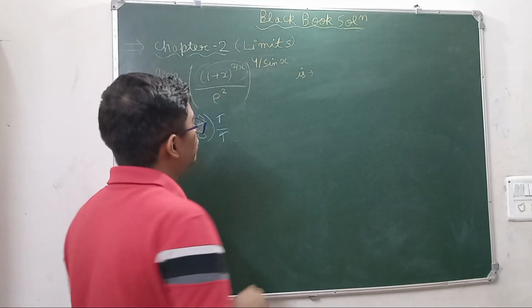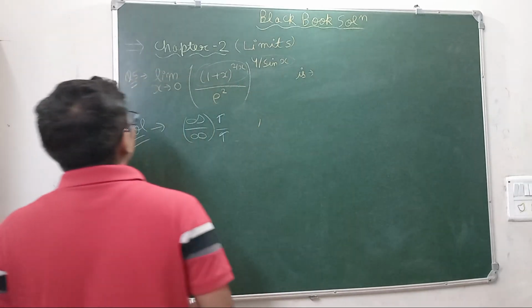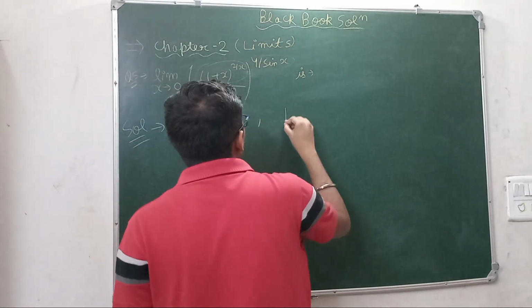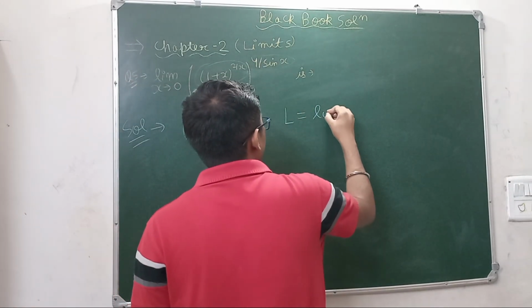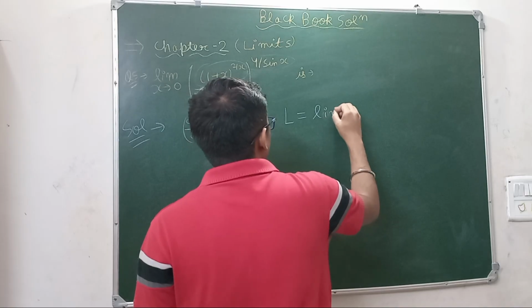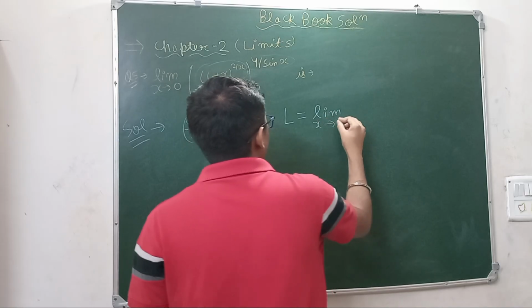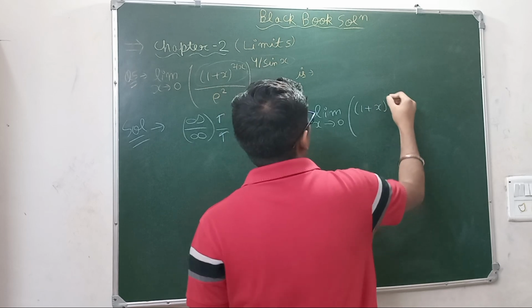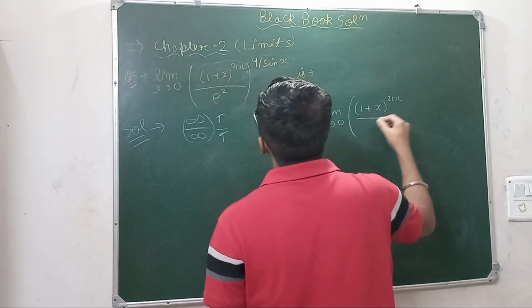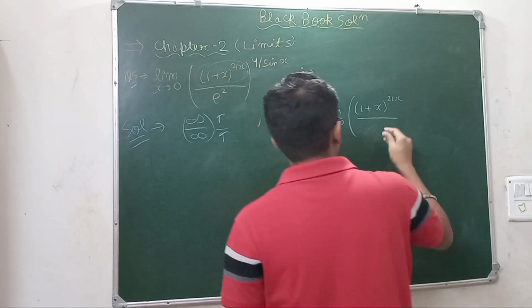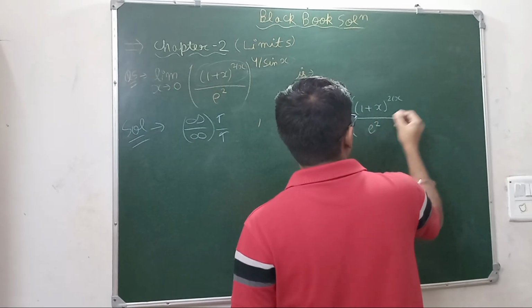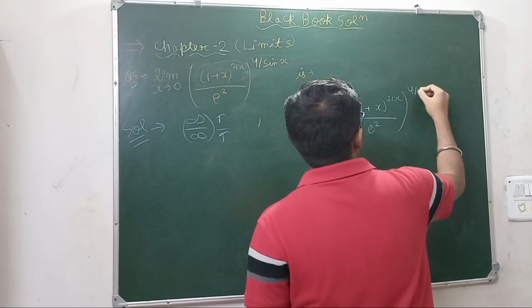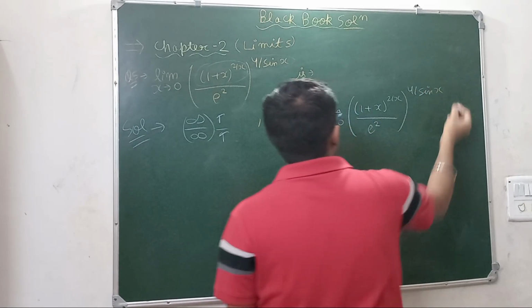Okay, assuming that the value of the limit is L, so L will be equal to limit x tends to 0 of (1 plus x) to the power 2 by x upon e square, all to the power 4 by sin x.